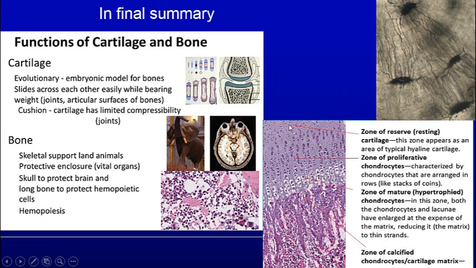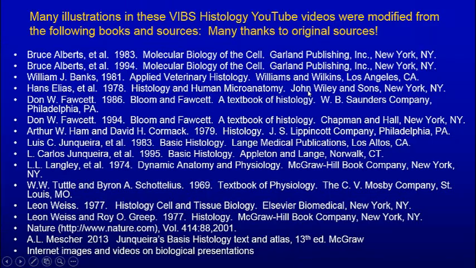And we can see the different zones: the zone of reserve, proliferation, hypertrophy, the increase in size and calcification, and it's remodeled as bone. Bone is non-diffusible, therefore it has to have an elaborate system to be able to get nutrients from one cell to another cell, and they have it through these canaliculi.